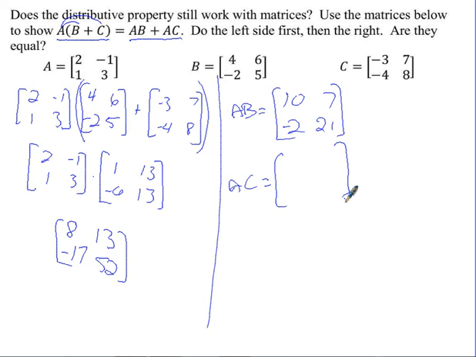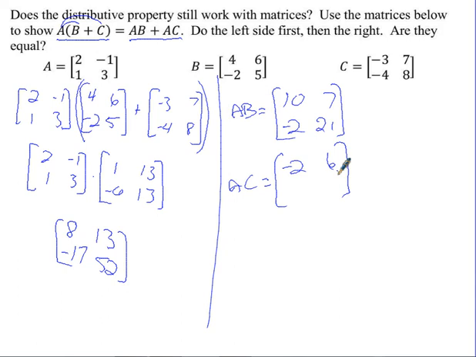First row, first column, negative 2. First row, second column, positive 6.